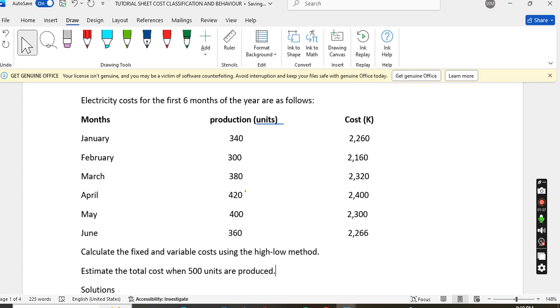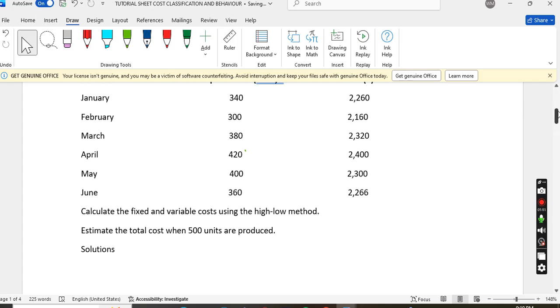Okay, so once we form our cost equation, we can now predict or estimate our total cost depending on how much we produce. So from this information, we want to get our fixed and our variable costs, and we'll use the high-low method. Step 1, get your variable costs.